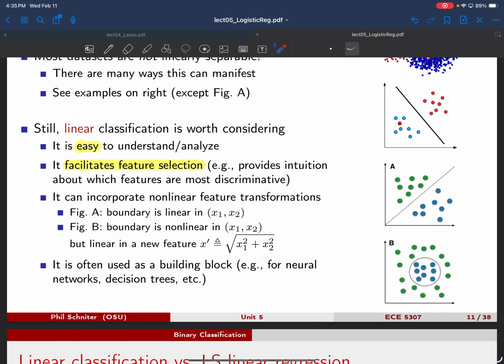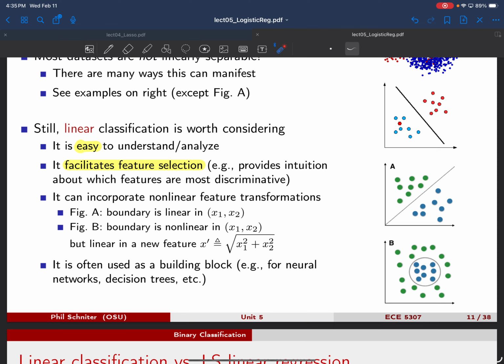So now you can see, if we allow ourselves to do these feature transformations before applying linear classification, we can do all kinds of stuff. And it turns out that's exactly what happens in all the state-of-the-art classifiers, whether they're built on neural networks or transformers or whatever.